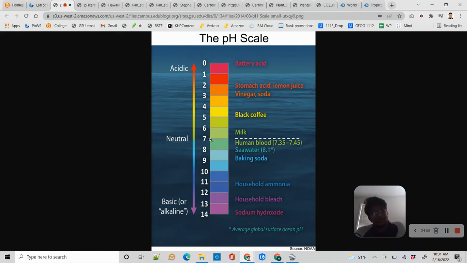The water that we drink and the milk that we drink have around 6. Milk is between 6 and 7, so it is a little bit acidic, but not acidic definitely. Human blood is 7.35 to 7.45, a little bit alkaline. Seawater is even more alkaline, because you can see there's salt, baking soda.